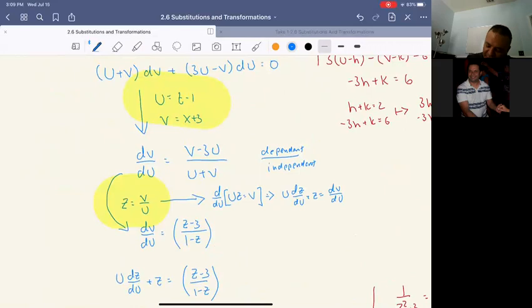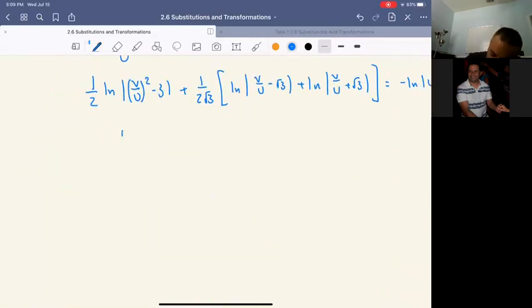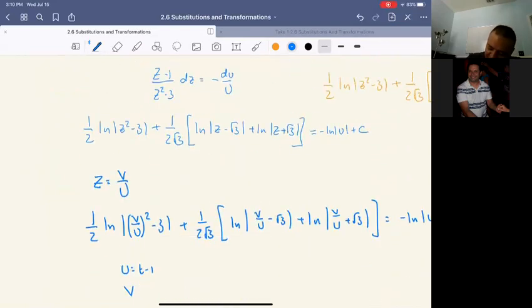Now reminding ourselves that u is t minus 1 and v is x plus 3.